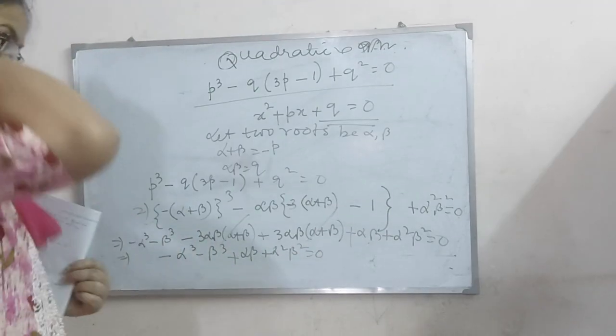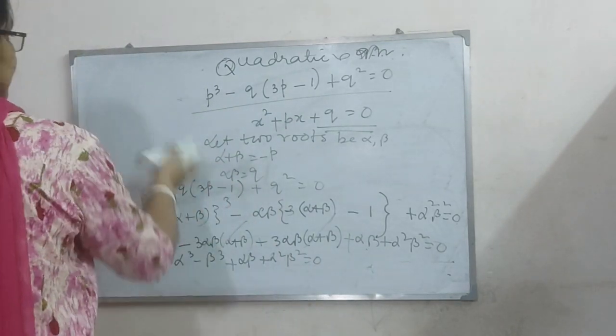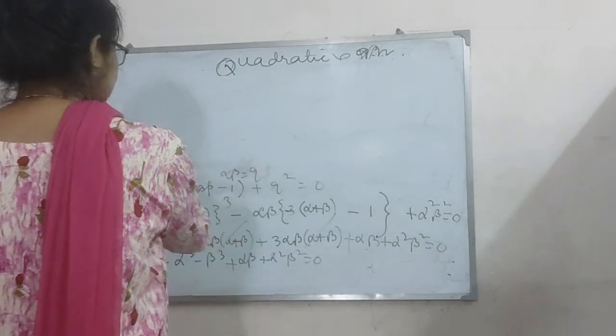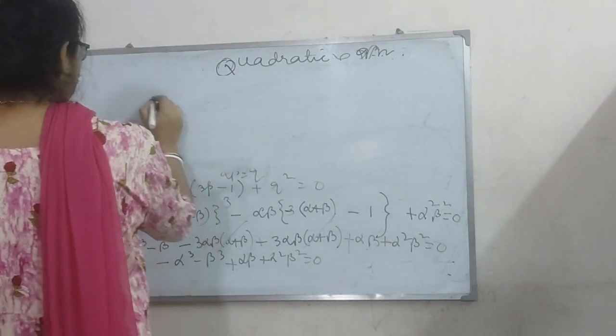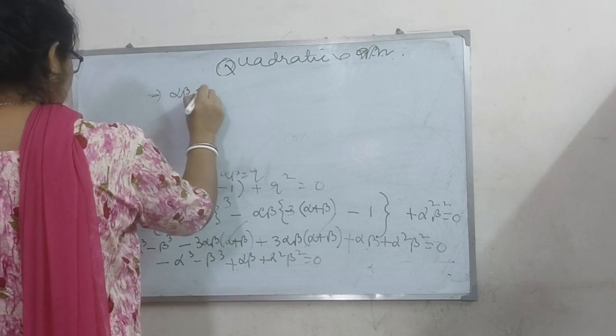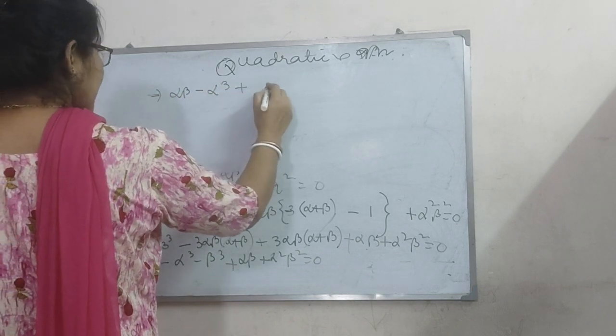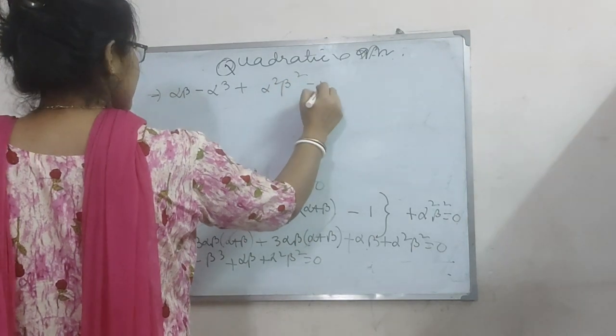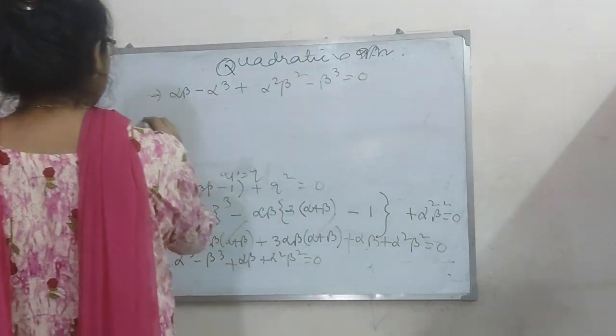Arranging them, we can write alpha beta minus alpha cube plus alpha square beta square minus beta cube equal to 0.